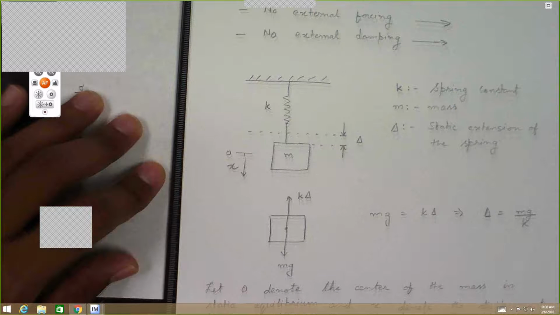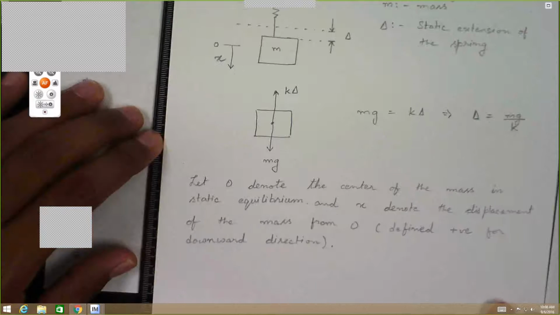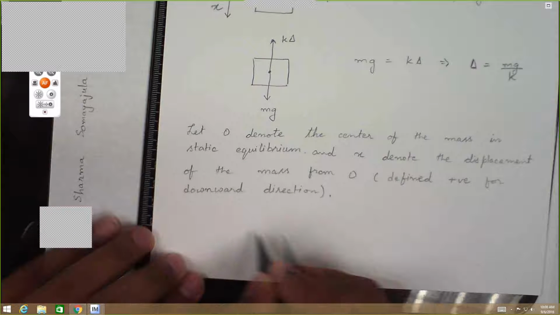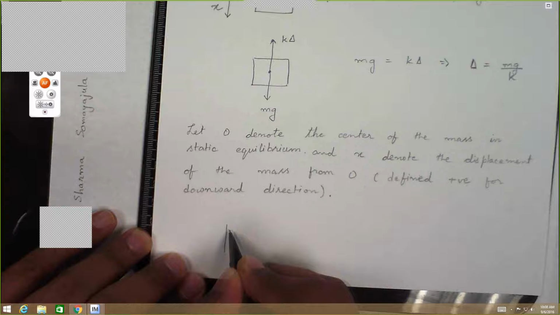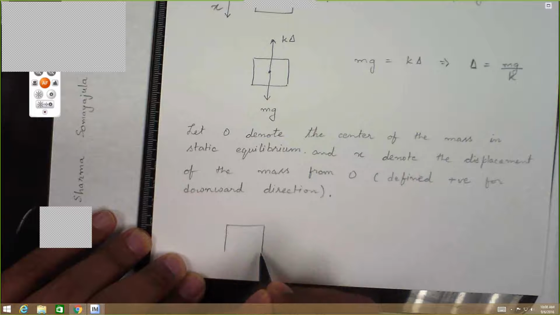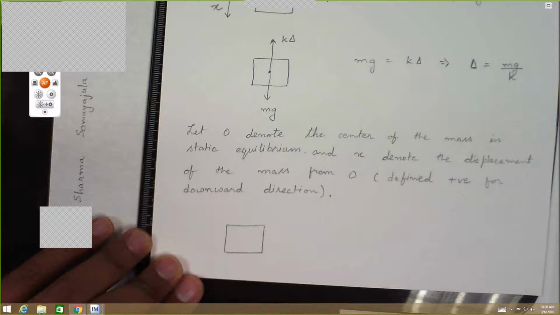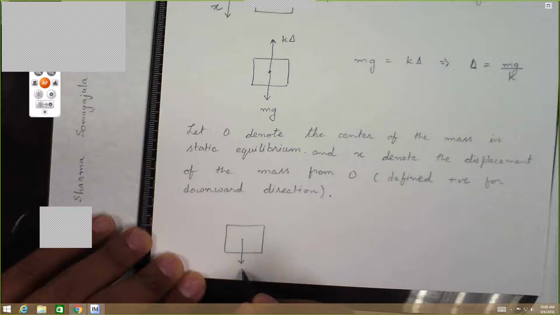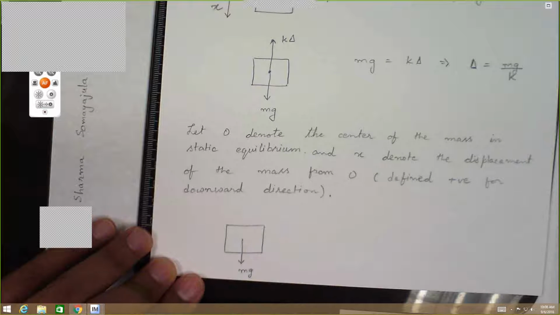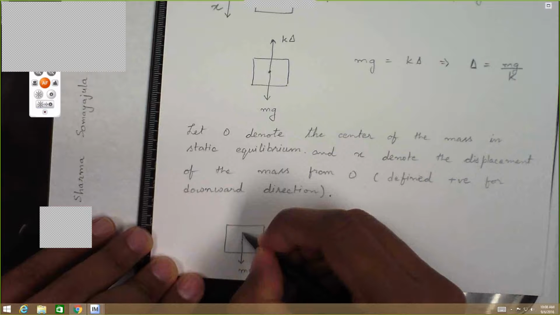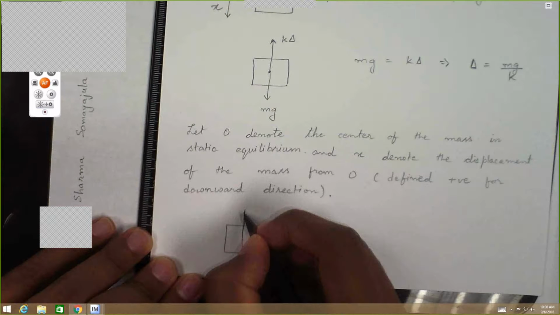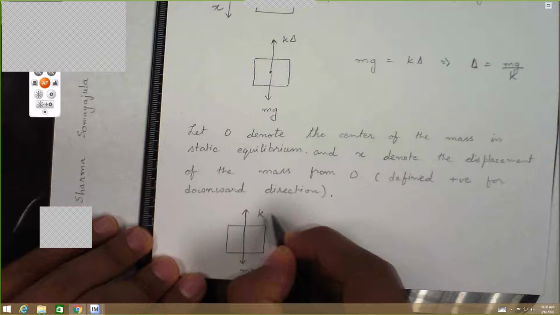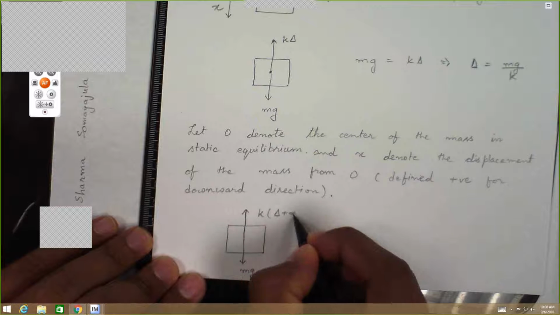So now let's construct the free body diagram for this case. So we have the downward force acting, mg, and again we have the spring force acting, which is k times delta plus x.